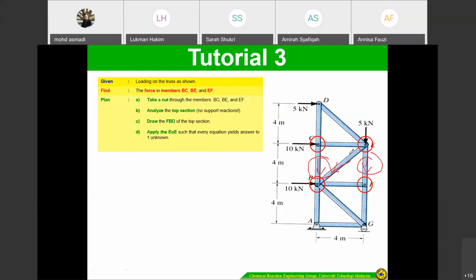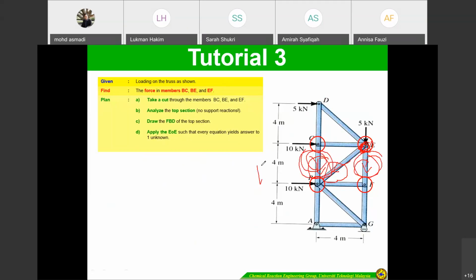So what you have to do is determine the total moment. If you determine the total moment at point E, we can reduce the number of unknowns. So this one becomes 0. This one is 0. So we can determine this one.